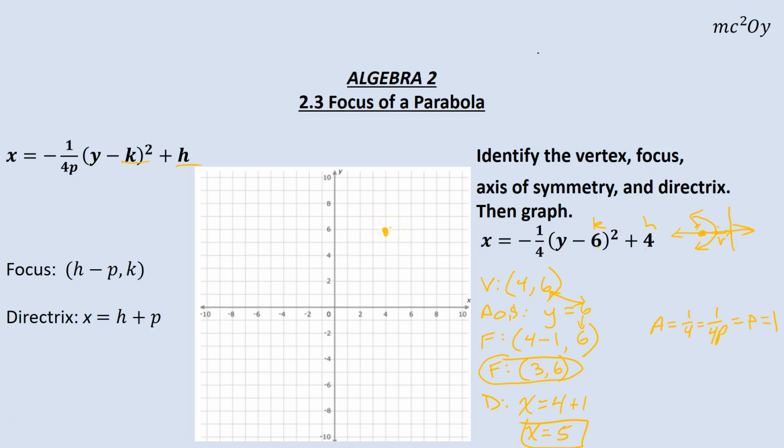There's my vertex. Focus, 3, 6. There's my focus. My axis of symmetry, y equals 6. My directrix, x equals 5.